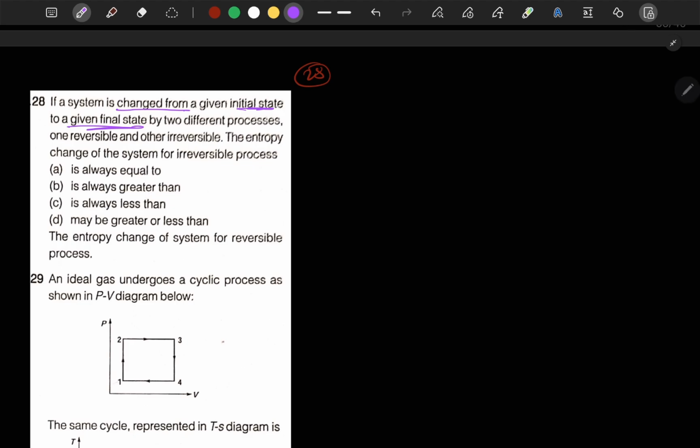For a reversible process, we may say that it is the maximum work producing process, or the most efficient process. So in the case of reversible, delta S for reversible is always less than delta S of irreversible.